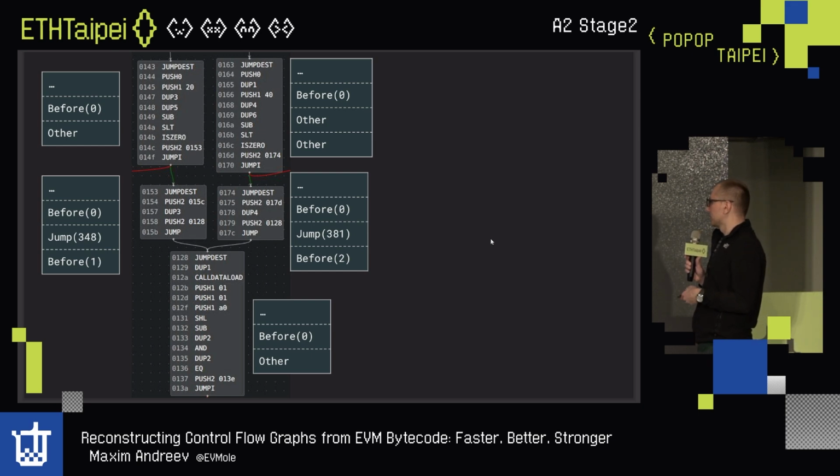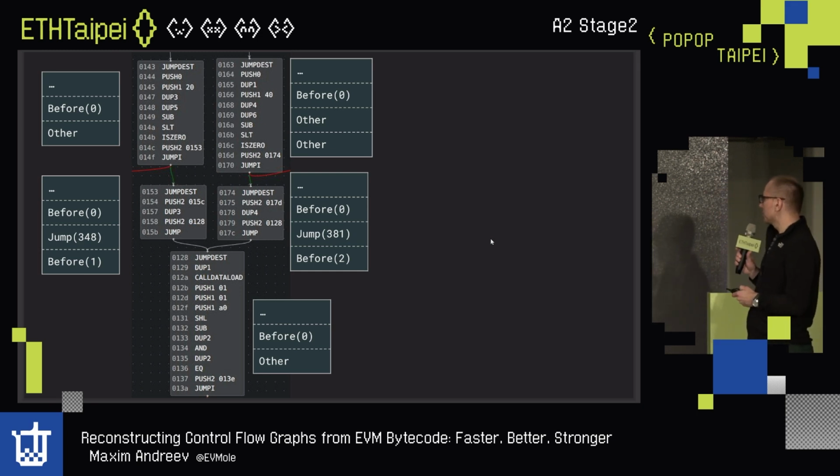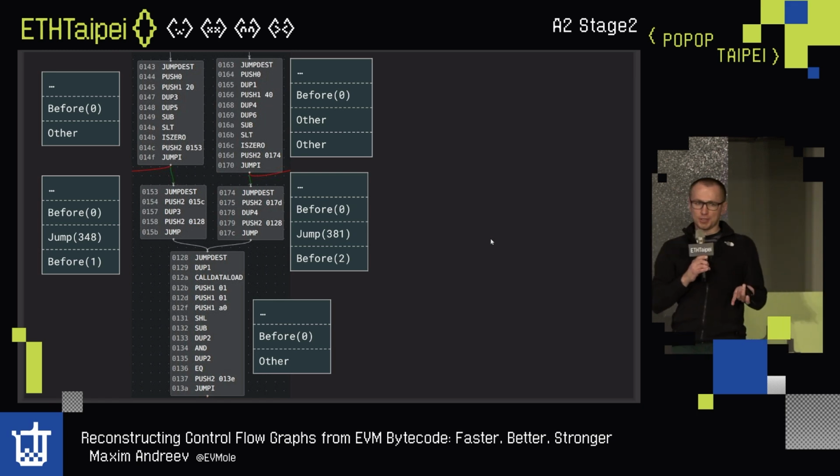Let's perform the same analysis for each basic block inside the program. Here are a basic block and the corresponding stack. Now we can collapse some stacks. For example, we have some block here, and we know it jumps to before 7, and we want to know to which location it really jumps.